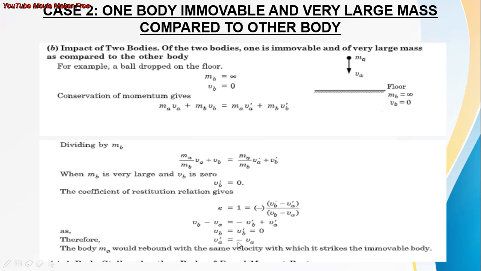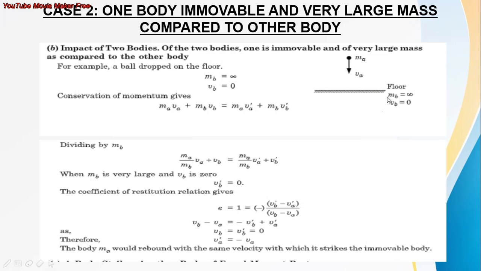That is, the final velocity of this mass will be equal to VA, the initial velocity, but in the opposite direction. The ball will go in the opposite direction, that is upward, provided the collision is elastic.